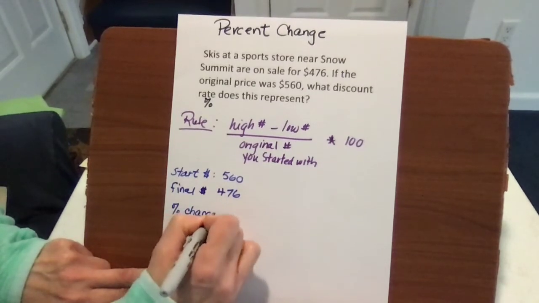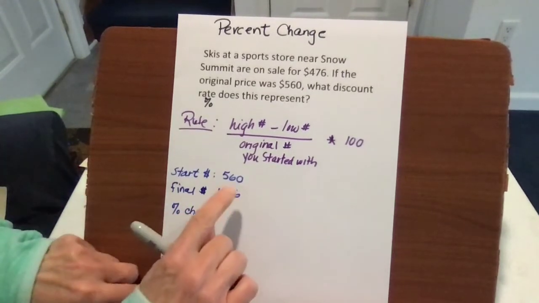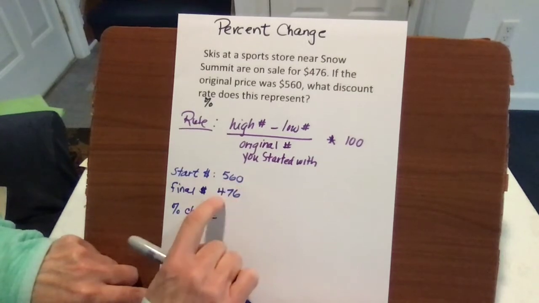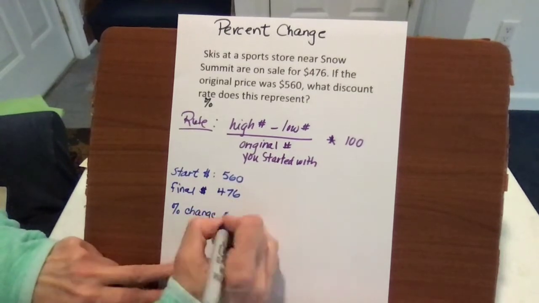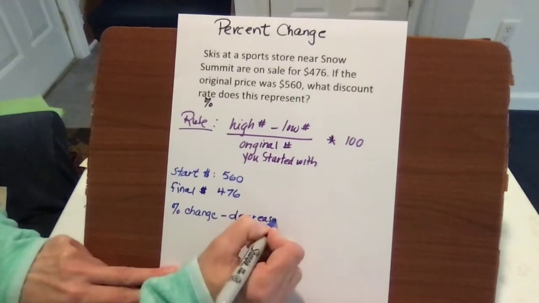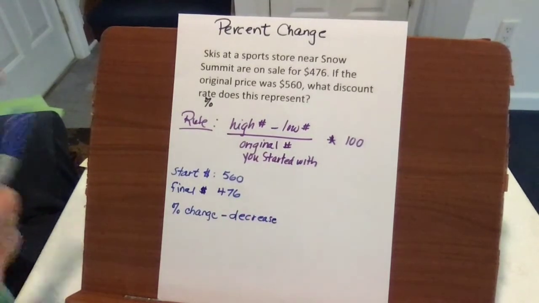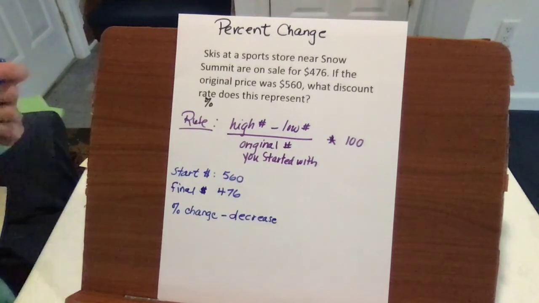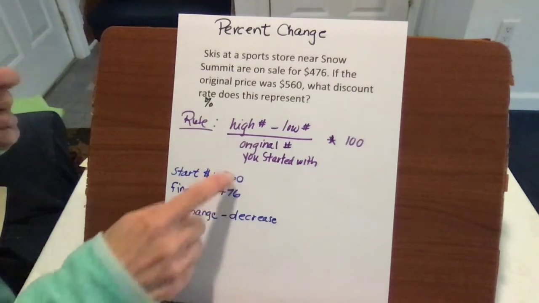And this percent change is a decrease because if we start with 560 and we end up at 476, it's a decrease. So that's the first thing you want to establish: is your percentage going to be higher, increasing the amount you have, or decreasing the amount you had?